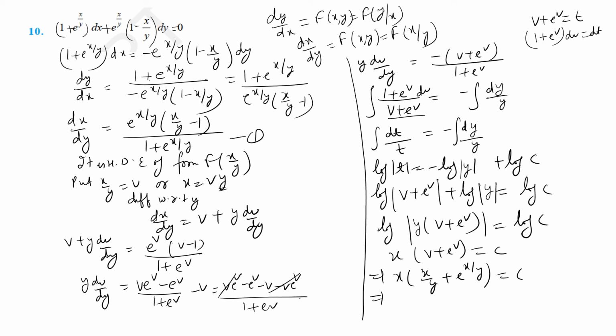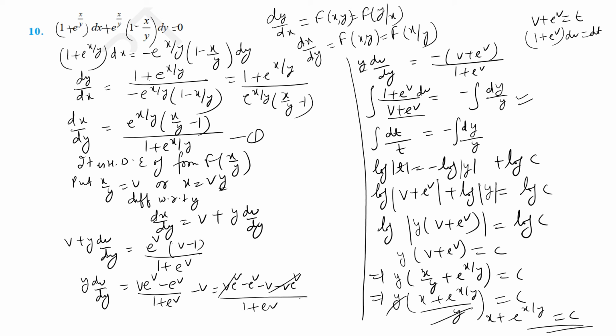So this is y, this is y, so y times x plus e raised to power x upon y, which can be cancelled with this. So the answer is x plus e raised to power x upon y is equal to c, which is the required answer. Please be careful here because the question now is changed to y and v.